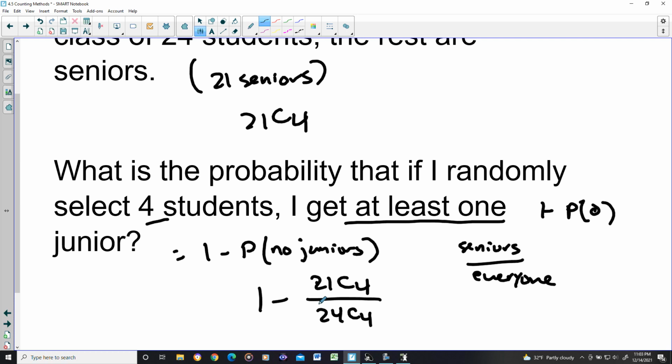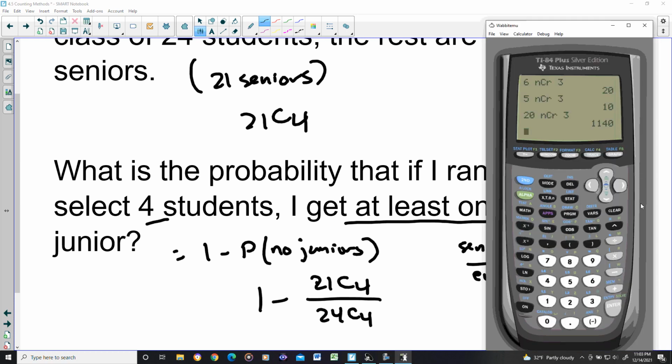So now I can just figure this out. All I have to do is go in the calculator and do 1 minus parentheses. In this case, it's probably a good idea to do 2 sets of parentheses: 21 choose 4, divided by parentheses 24 choose 4.